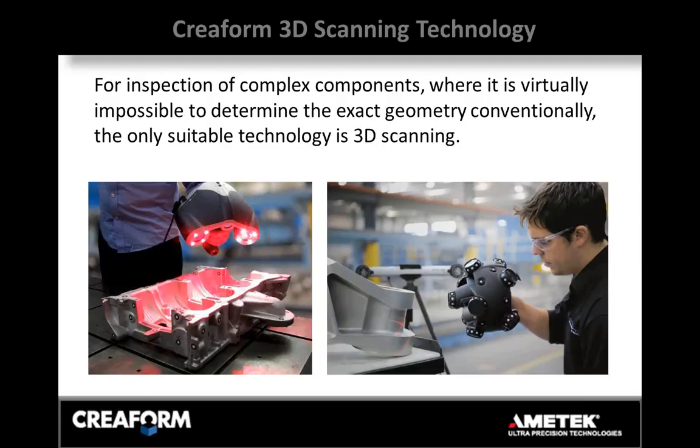Or in case you need massive data, not only specific points, then the scanning solution from Creaform is very useful, because the scanner is self-referencing on the part, and so you always get the data from the part.